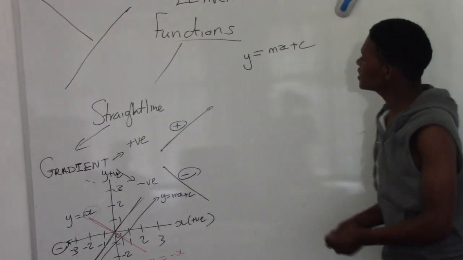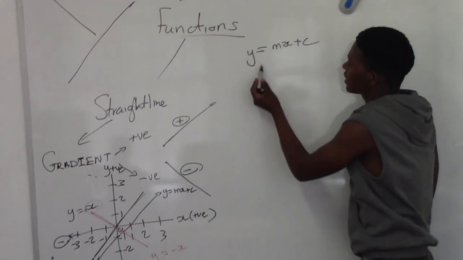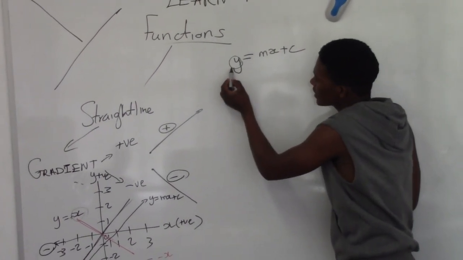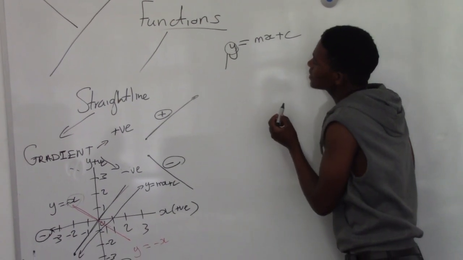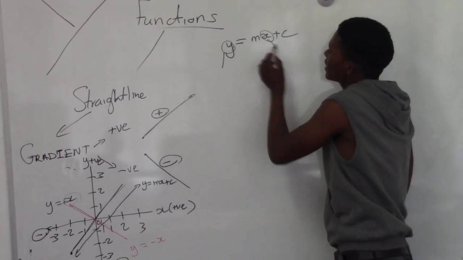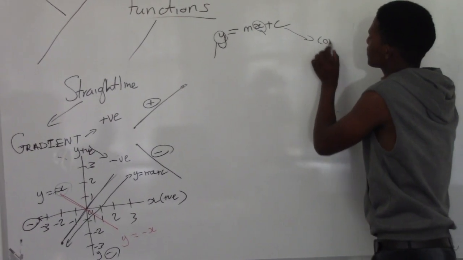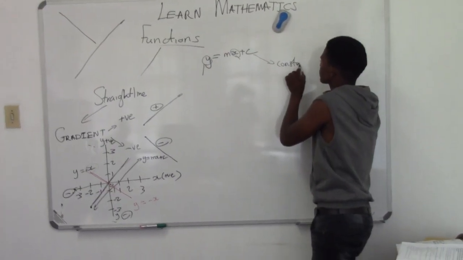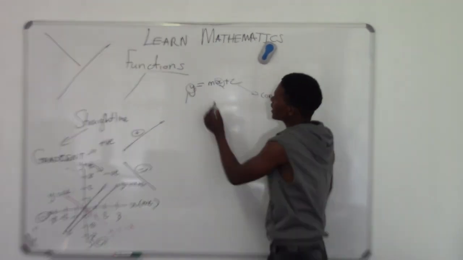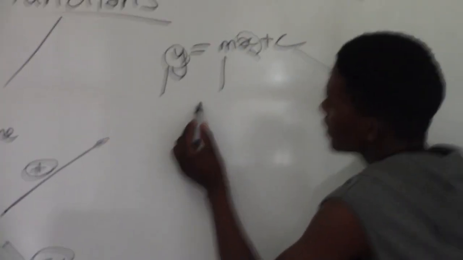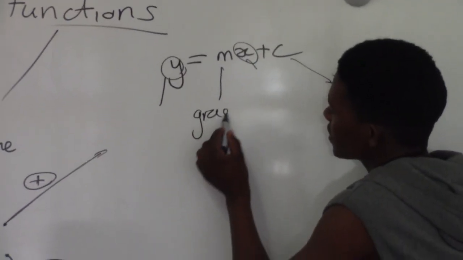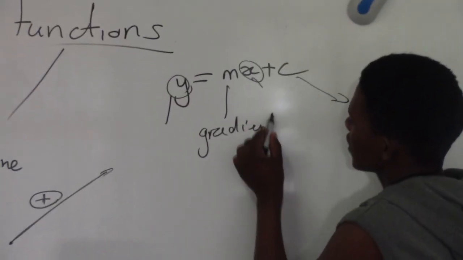This equation tells me that I will have a y-axis, an x-axis, and I will have my constant. My constant, and m represents the gradient.